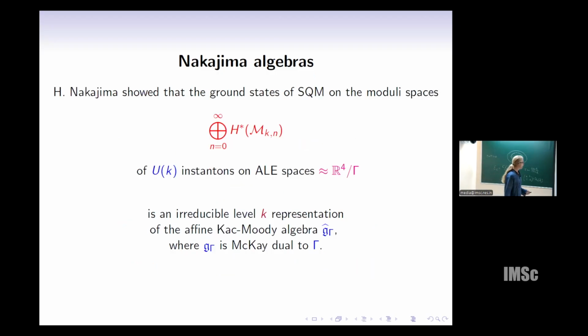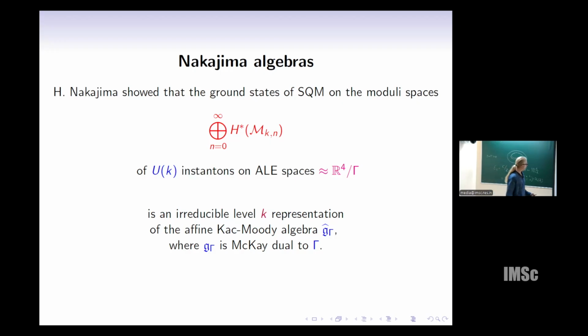Then what Nakajima discovered was that the union of these cohomology groups is actually a representation of a Kac-Moody algebra. And this Kac-Moody algebra is related not to the gauge group. The only thing which the gauge group determines is the level of the representation, but to the topology of this gravitational instanton.